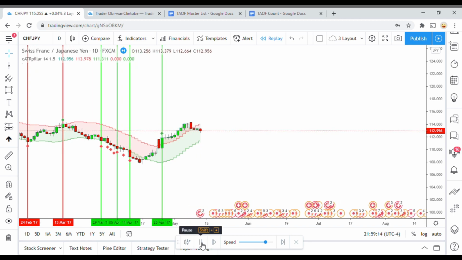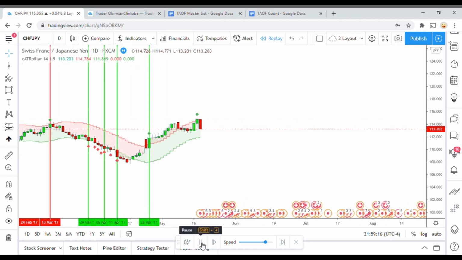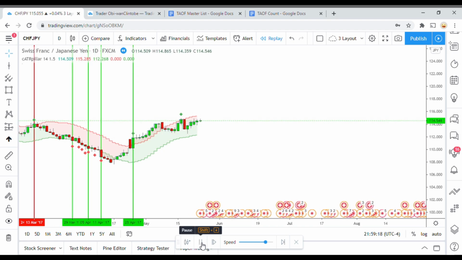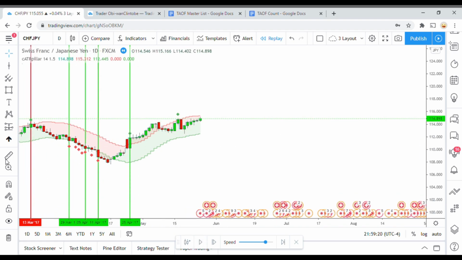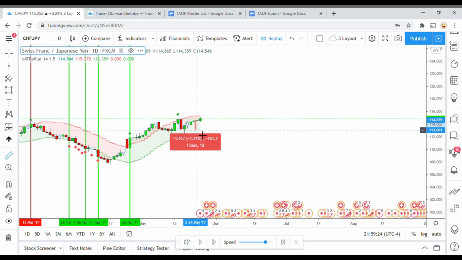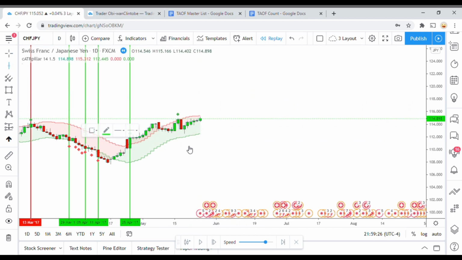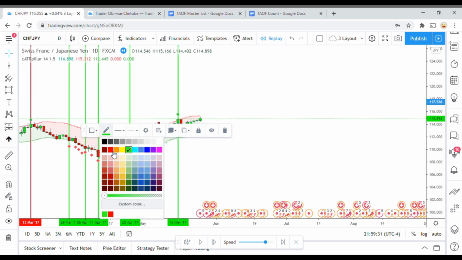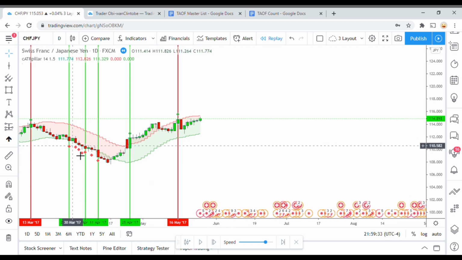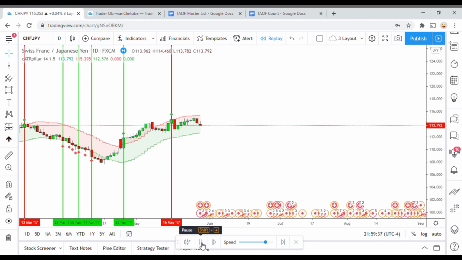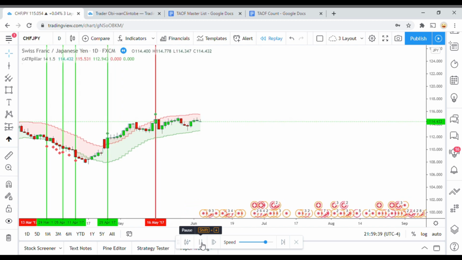And so, yeah, as I was saying, it's definitely a must that we find ourselves something to filter out choppy ranging markets, because the majority of the losses that you will take will come from the choppy ranging market.